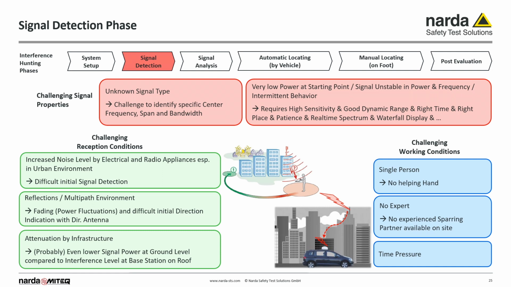Even that bears pros and cons. The pros are that we can avoid the added noise from ground level, that we increase the chance for a line of sight to the interference, and that we overcome attenuation by infrastructure. The cons are just as important. Accessing a rooftop with base stations on is often difficult for organizational reasons and may sometimes not be possible at all when it's just needed.